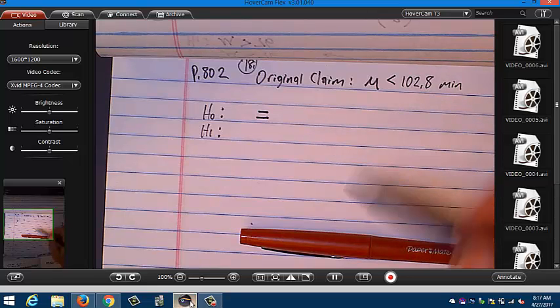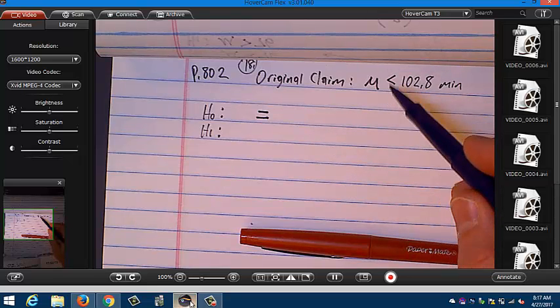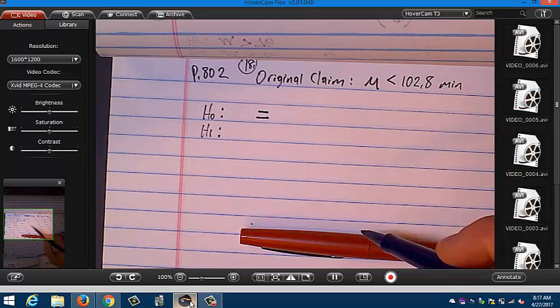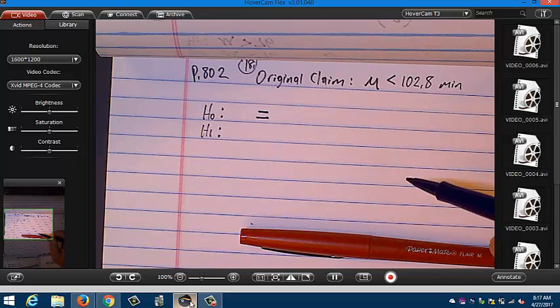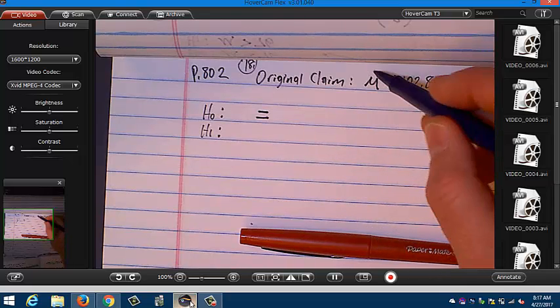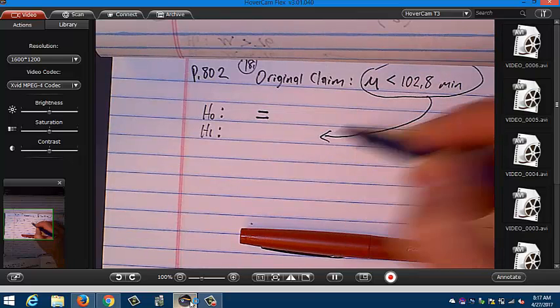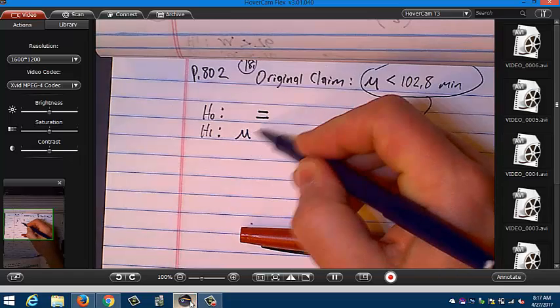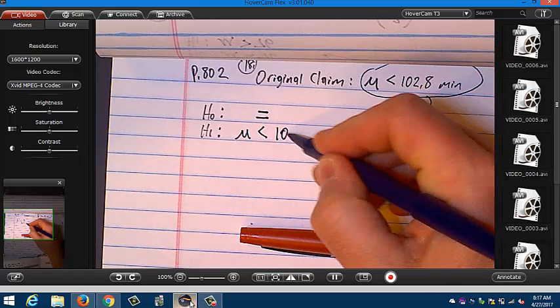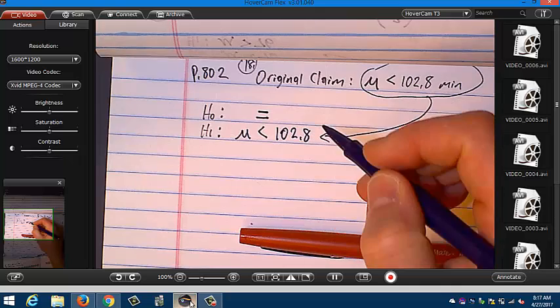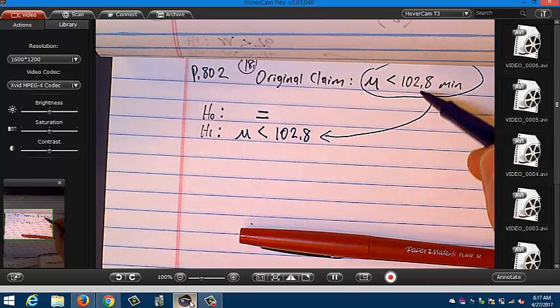Or if it said less than or equal to or greater than or equal to, it would become the null hypothesis. But it doesn't. If it's strictly less than, what I'll do is I'll put it as the alternative hypothesis. So it has to be equal to or less than or equal to? Yeah, it has to have equality for me to put it as the null hypothesis.